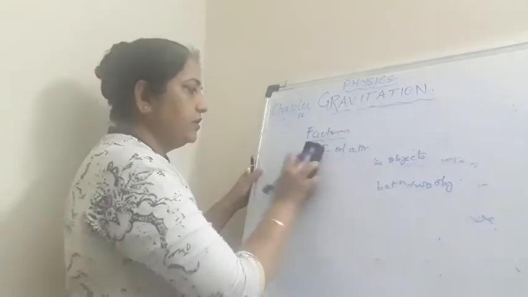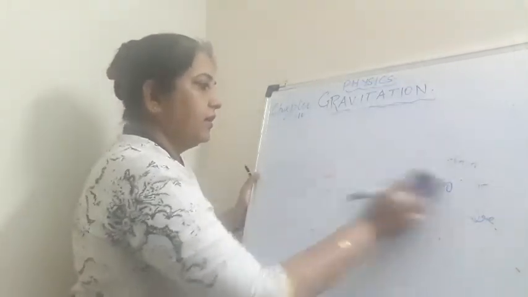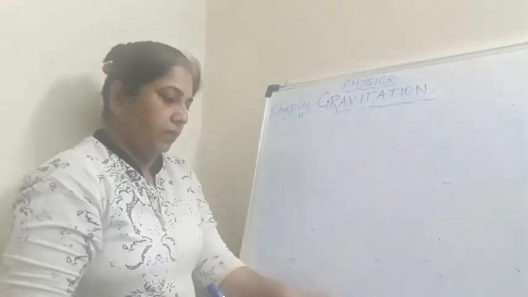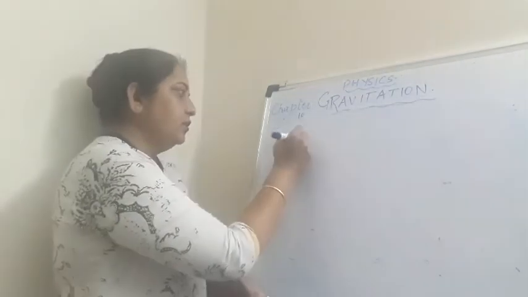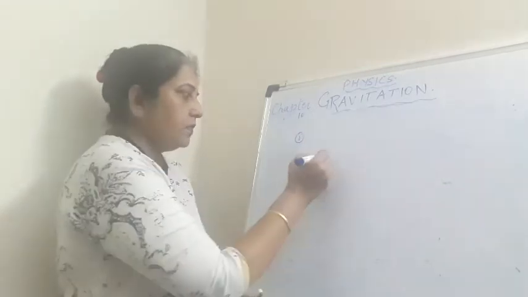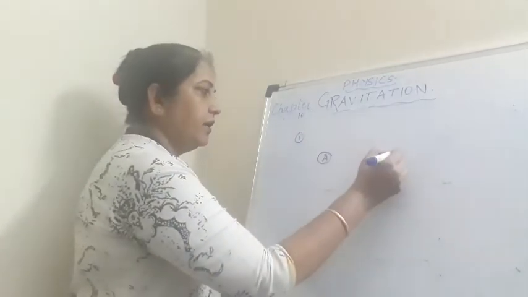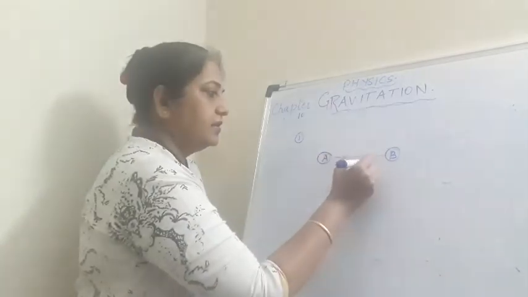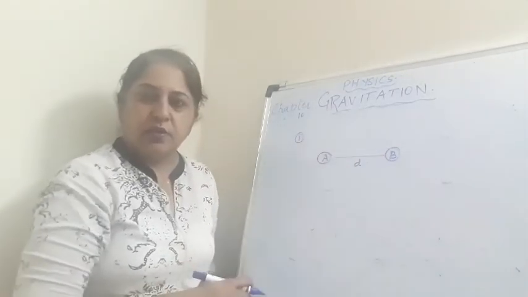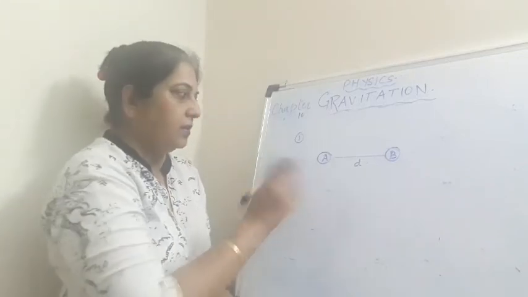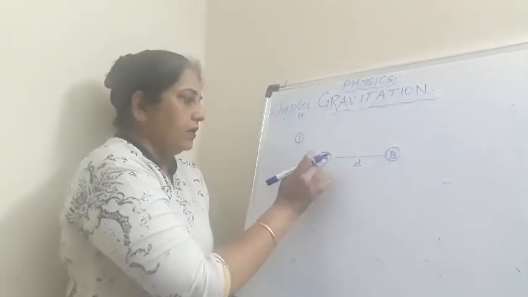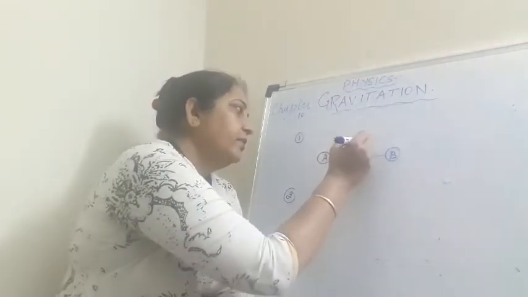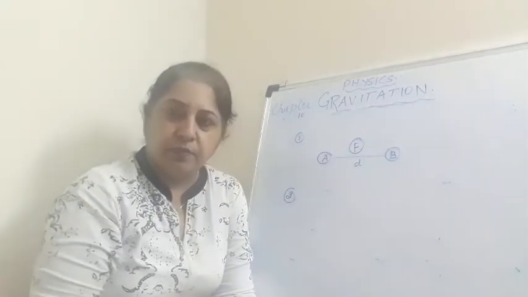Then there are some questions in the textbook based on this law. Like one or two questions I can just tell you orally. Suppose A and B are two objects separated by a distance d. These type of questions we are going to discuss in my next class, but I'm going to tell you: A and B are separated by a distance d, and definitely both of them are experiencing the force of attraction.